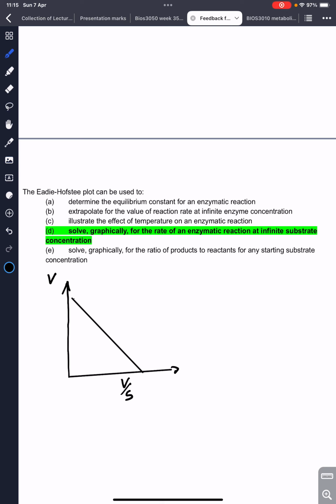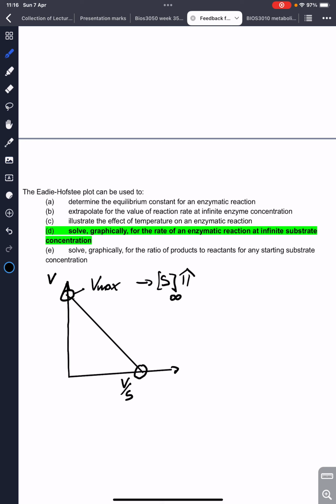Now we said that the extension of this, the y-intercept here, would give us Vmax. Vmax is basically when the substrate concentration is very, very high, as we explored in the previous question. In fact, this Vmax we would only get if the substrate concentration was infinite.